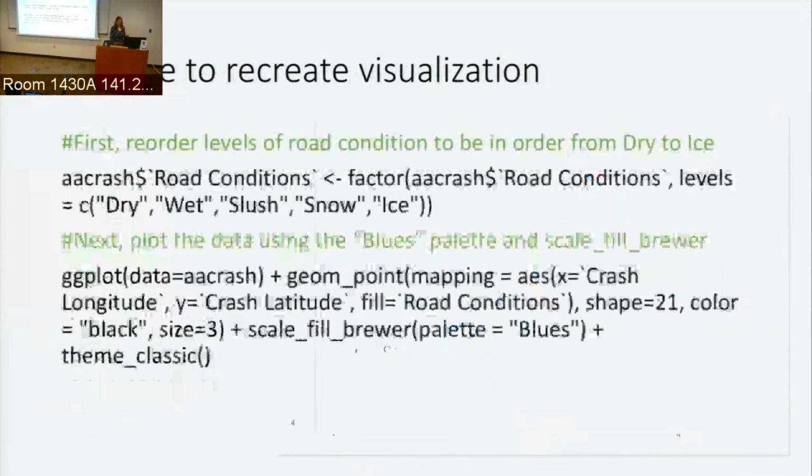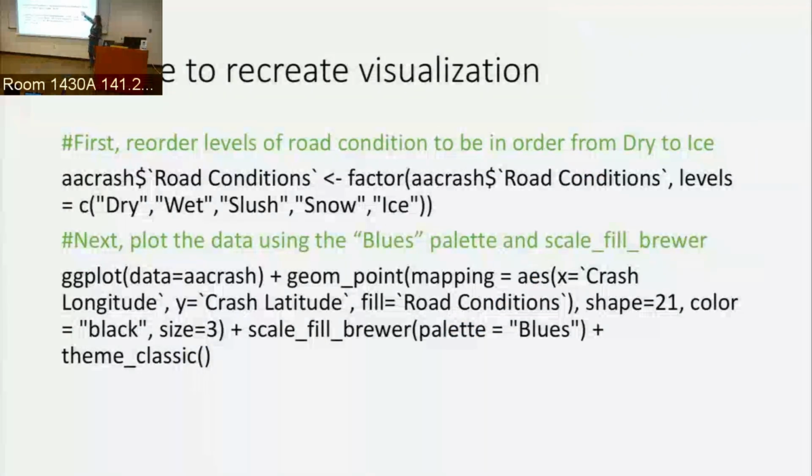So the first step here is to reorder the levels of the variable road conditions so that it's in that same order that I specified, starting with dry, going to wet, to slush, snow, ice, using that same kind of factor code that we used before. And then with this code, we start with ggplot and the data. We're using geom_point here for our geom.